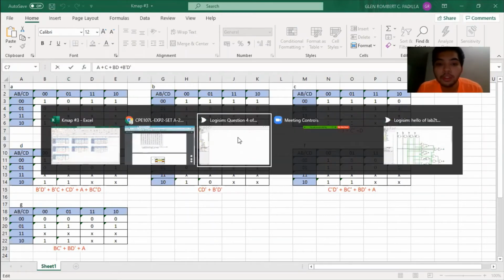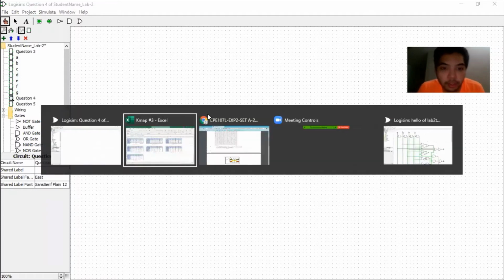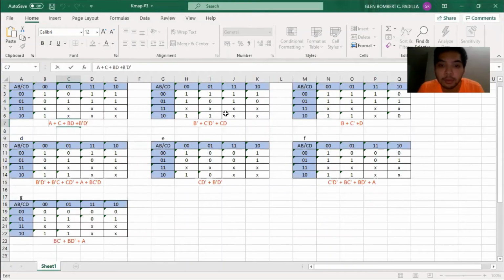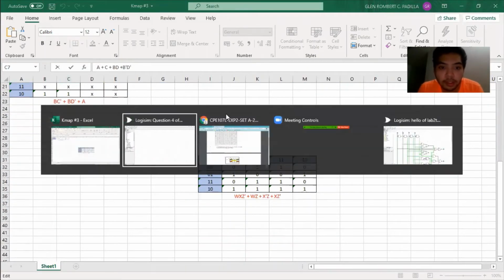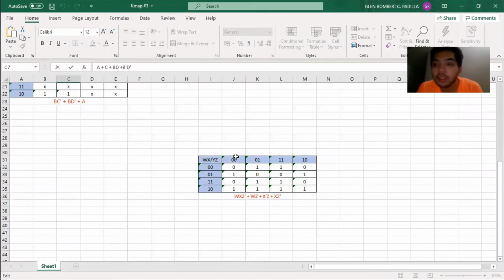What we did here is convert each of those decimal numbers into binary and plot it in our K-map. For example, 1 can be represented in binary as 0001. So here we put 1.